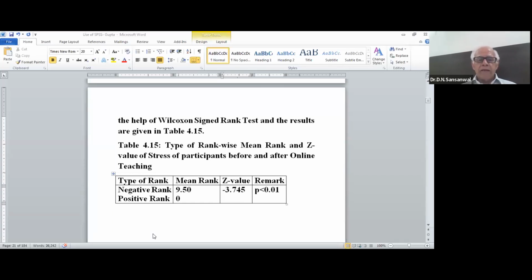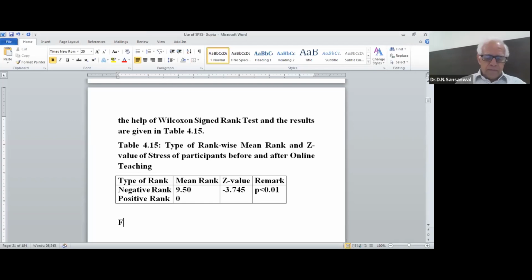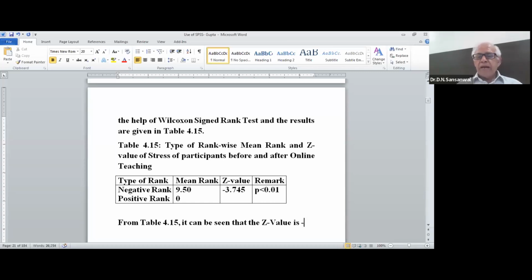So now you see, from table 4.15 it can be seen that the Z value is minus 3.745, which is significant at 0.01 level.